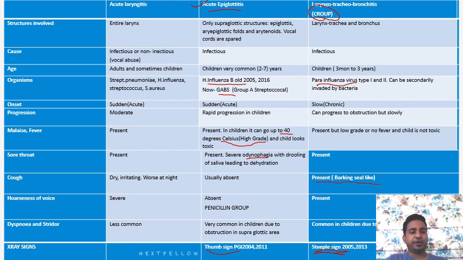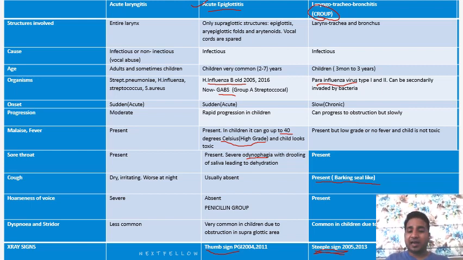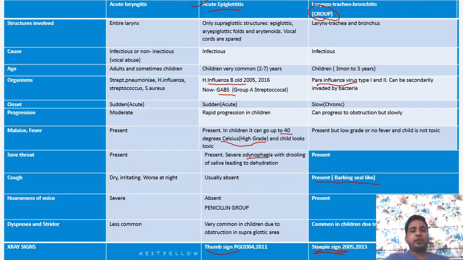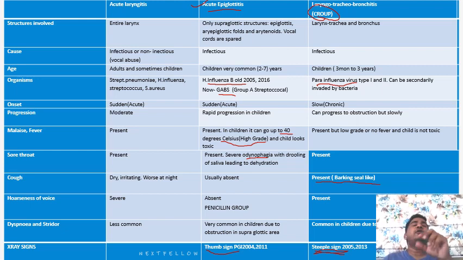And hoarseness of voice is usually absent in acute epiglottitis, whereas in croup hoarseness of voice will be present. Dyspnea and stridor are very common in acute epiglottitis because at the entry level we have a blockage, whereas in laryngotracheobronchitis only mild symptoms will be there. It may happen but not so severe.